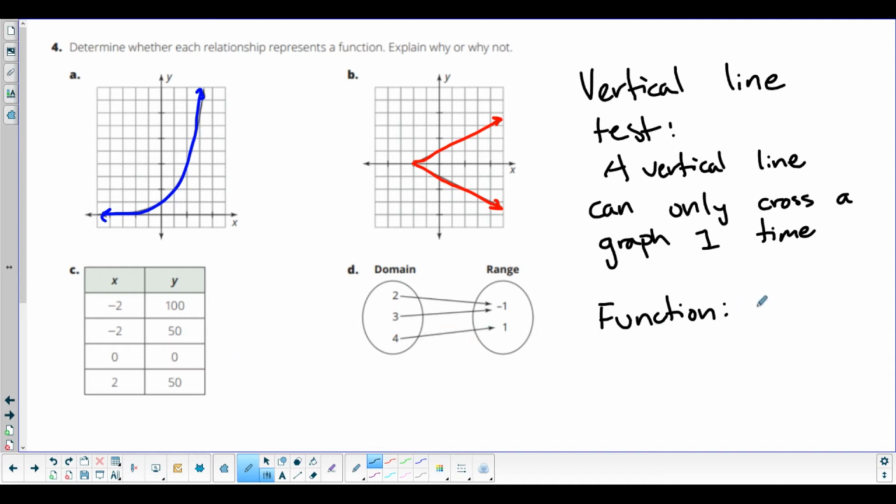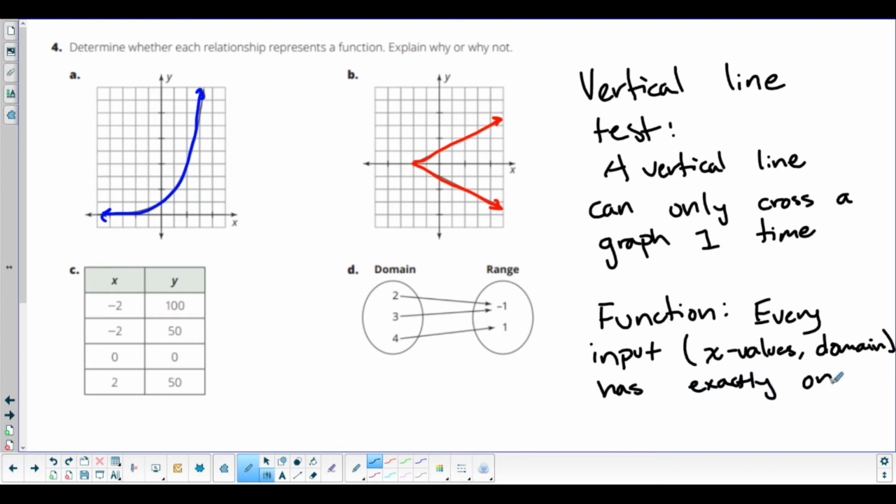Simply put, every input, and remember, input is our x values or our domain, every element in the domain has exactly one output, which is a y value or an element in the range. Every input x has one output y.